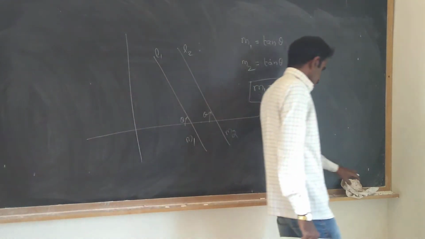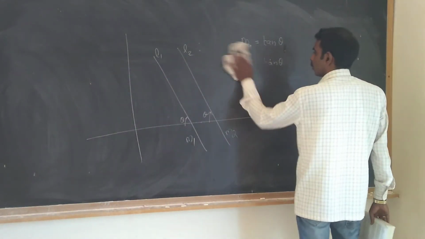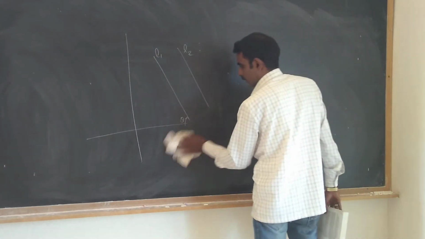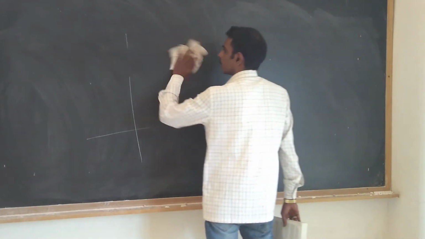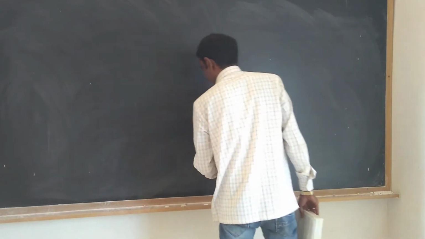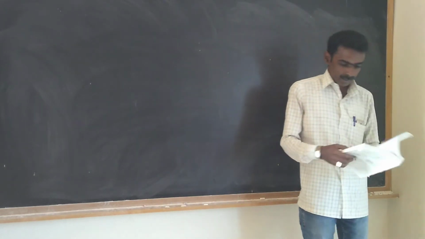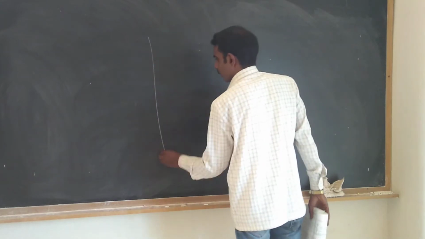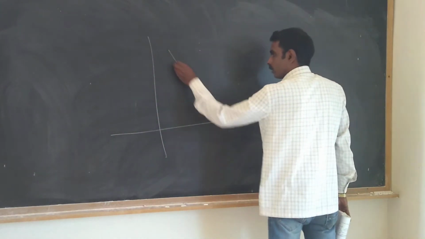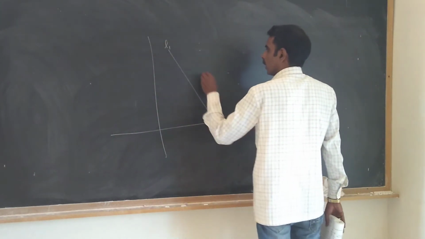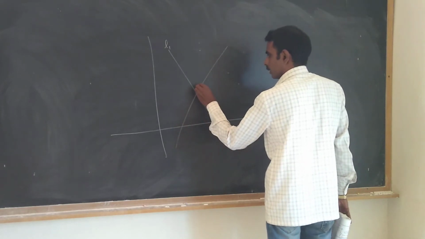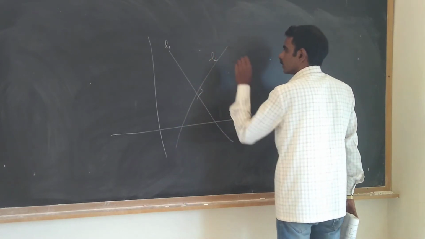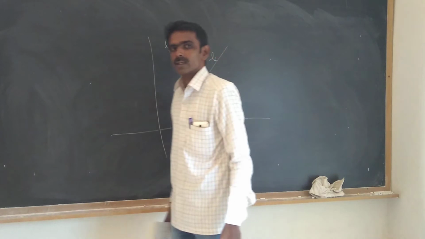Now, the condition for perpendicularity of two lines. When do you say that the two lines are perpendicular? When they intersect at 90 degrees. So here, let there be one line L1 and another line L2 which intersects the line L1 at 90 degrees.